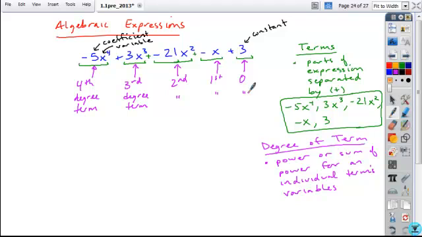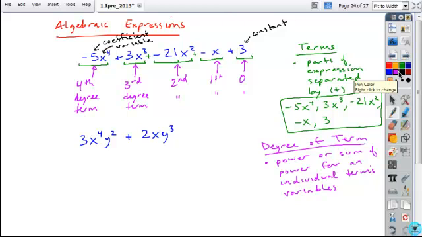Now, in addition to this, you might see that an individual term has multiple variables. So if I gave you something like the following. Okay, so here's a couple terms that have multiple variables.